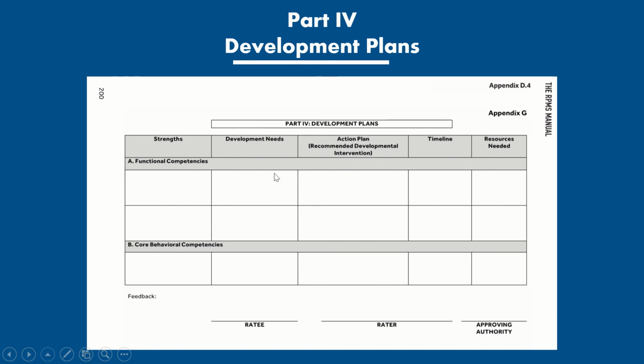Next column po is the development needs. Ito po yung weaknesses natin na lumabas dun sa part 2 and part 3 ng ating form. And then we have the middle column. Ito naman po yung action plan or the interventions that we plan to do to address our needs or our strength.